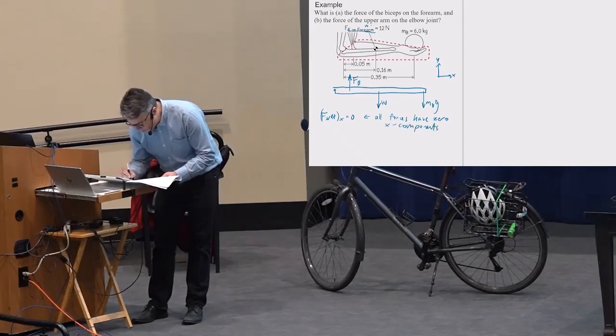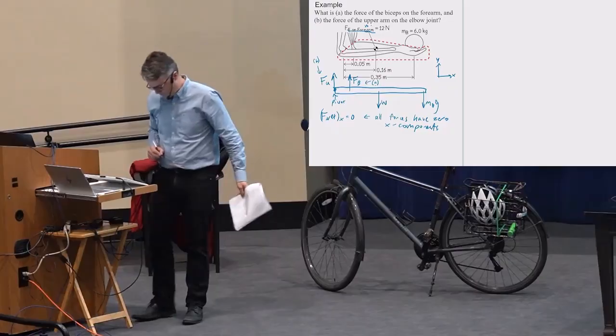So whatever force is on this joint here is the pivot. We can just put it like this, F of the upper arm. So that's what we're going to find for part B, is that force. And for part A, we're going to find the bicep force.